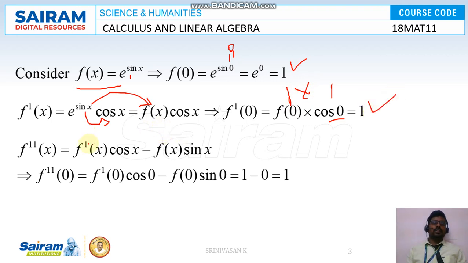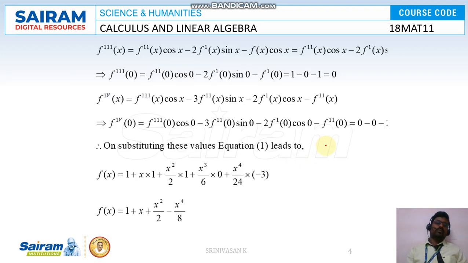And next, the second differentiation, f2 of x. f of x differentiation is f1 of x, and cos x, this is the uv form. So minus f of x into the differentiation of cos x, which is sin x. Now substitute x equal to 0, we get the second differentiation as 1. Next, f triple dash of x.